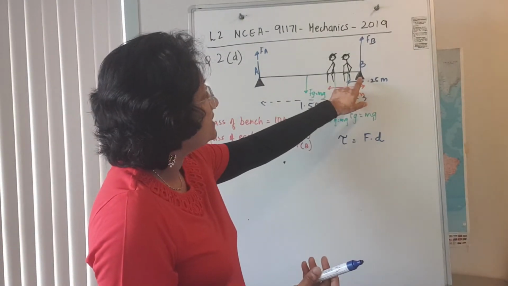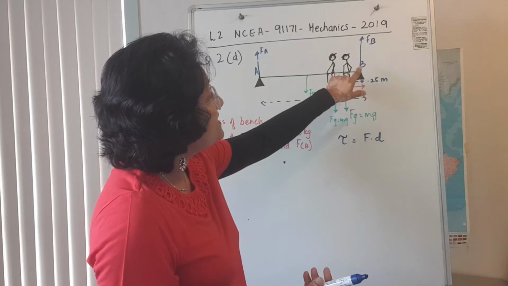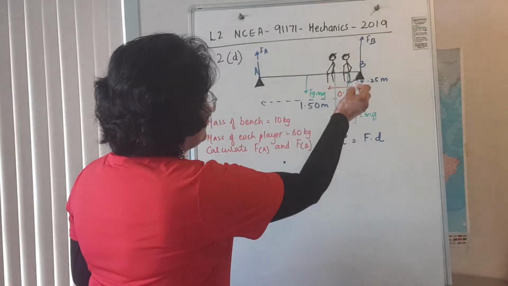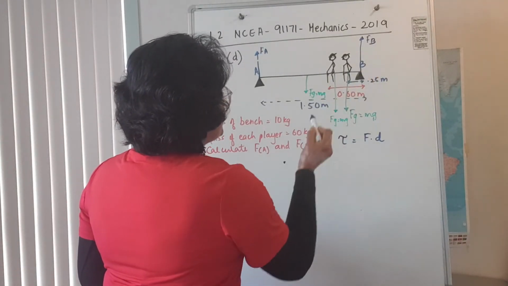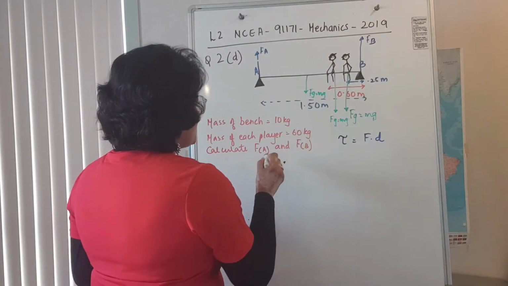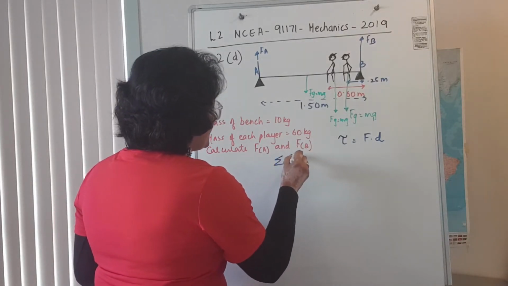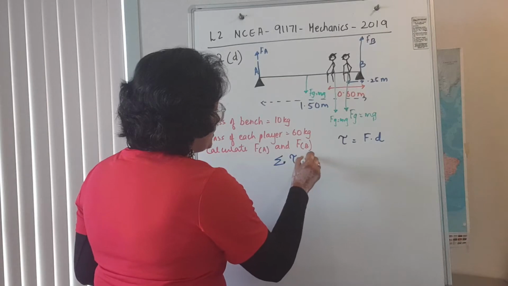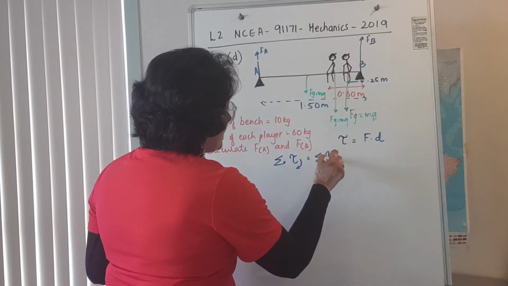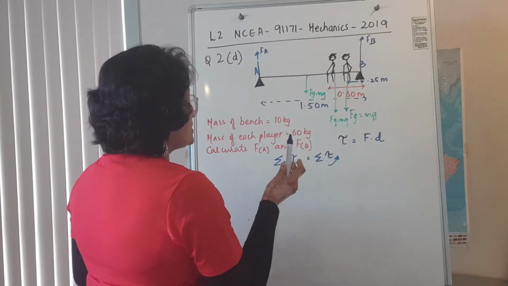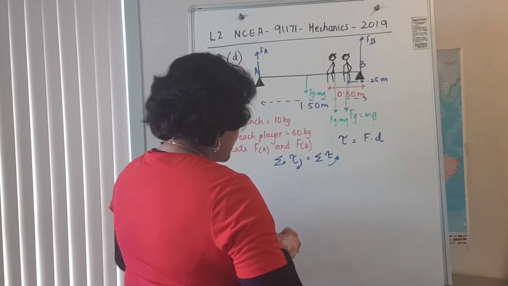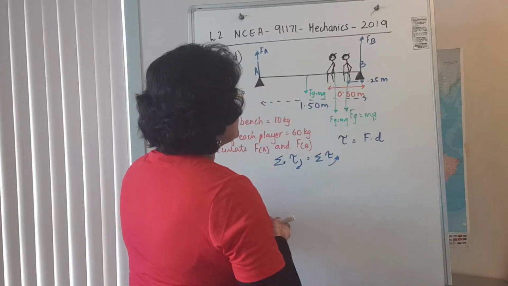We're treating B as the pivot point. We're going to say that at equilibrium, the sum of the clockwise torque equals the sum of the anti-clockwise torque.